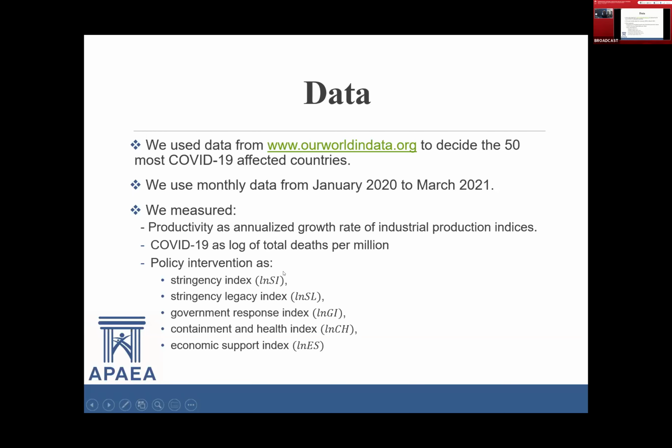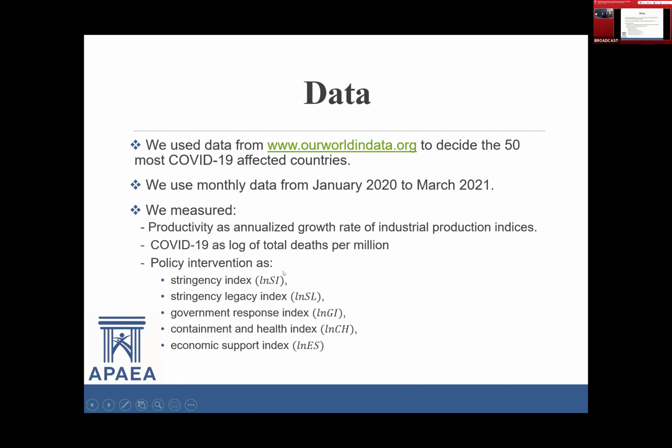And for the policy intervention measures, we use 5 indices, which have been compiled by Bartovic at a particular center at Oxford University. These indices were the stringency index, the stringency legacy index, the government response index, the containment and health index, and the economic support index.